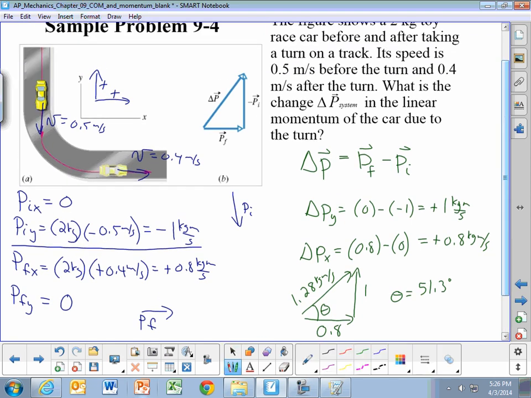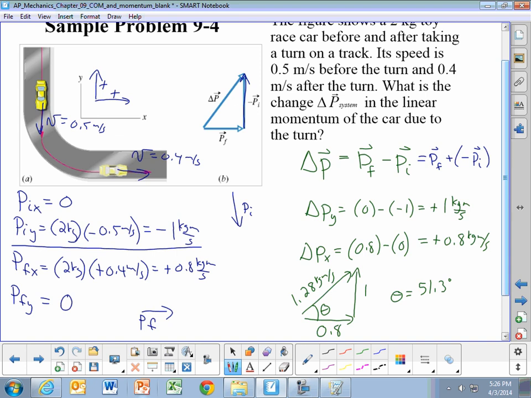Which also, if we remember what it means to subtract vectors, this means the final momentum plus the opposite of the initial momentum vector. If the initial momentum vector is down, the opposite of that initial momentum vector is upwards, and it's 1 kilogram meters per second.